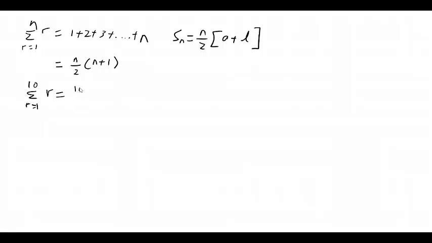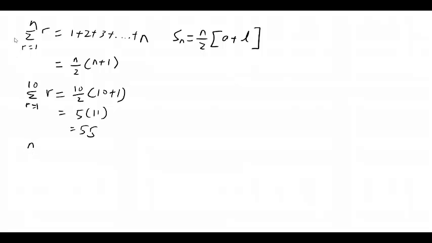So you get 10 over 2 open bracket 10 plus 1. If we simplify this, 10 over 2 is 5, 5 times 11, so you get a total of 55.